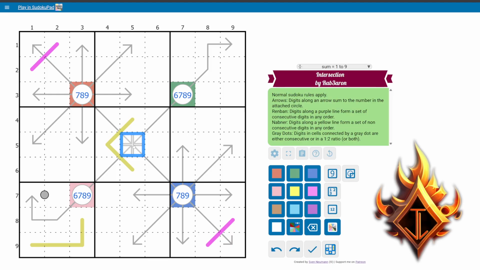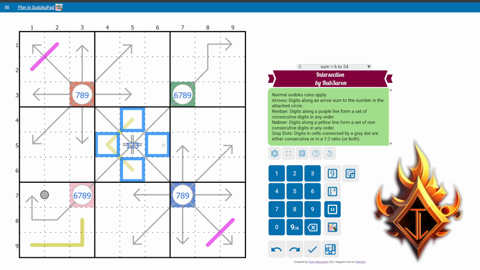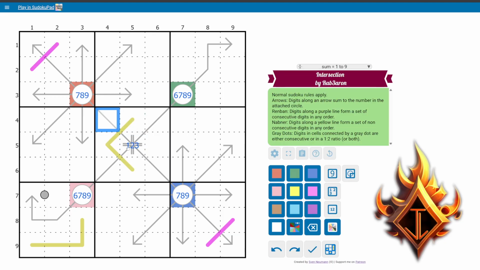So it's going to be 1, 2, or 3. As if it was 4, for instance, then all of the colored numbers would be here. And I know that can't be the case because there would be a consecutive digit on here somewhere on the Nabner. So that is going to be very low.